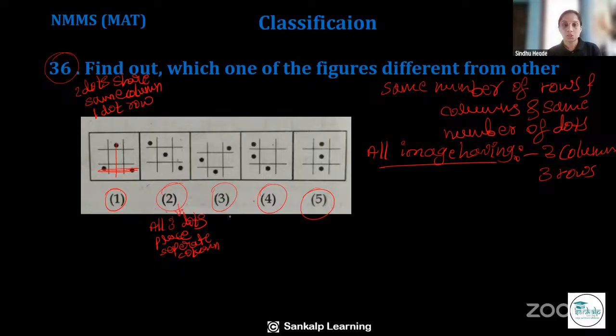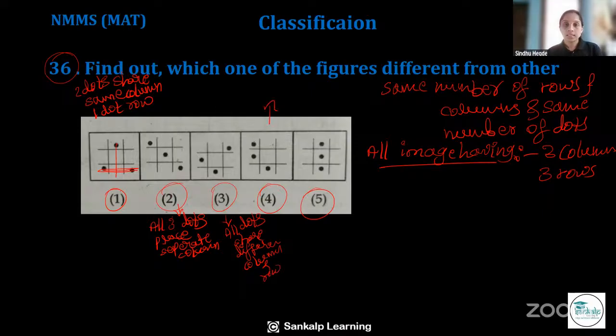Then come to image 3. Here also all the dots are placed in different columns and different rows. Come to image 4.